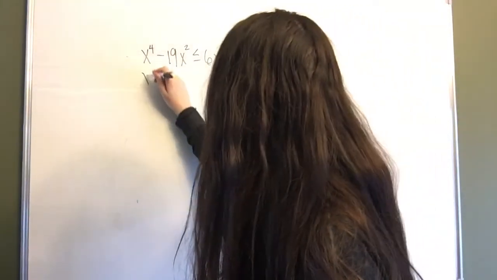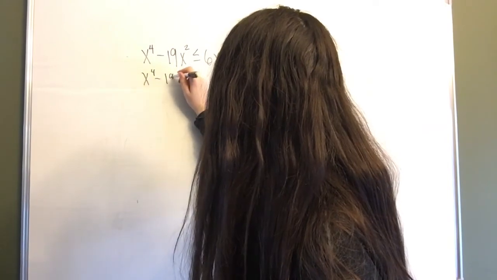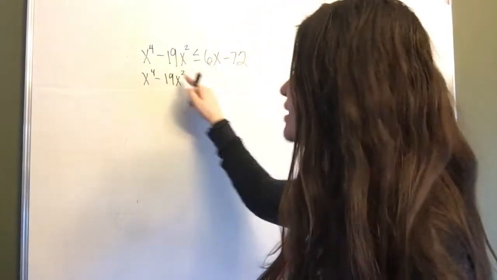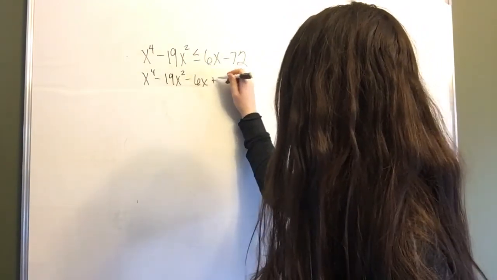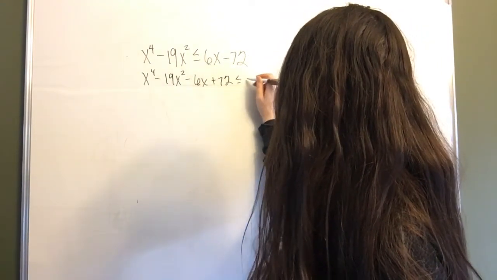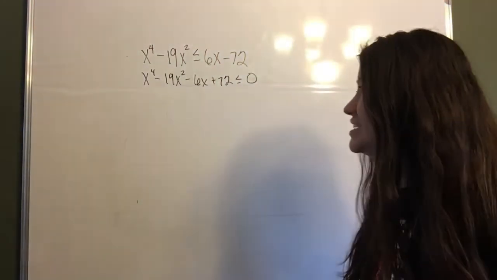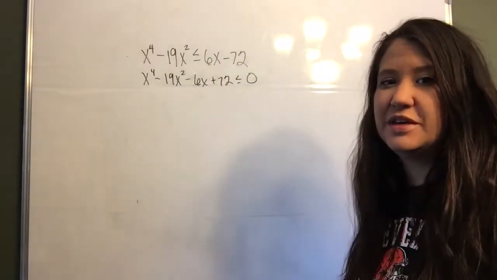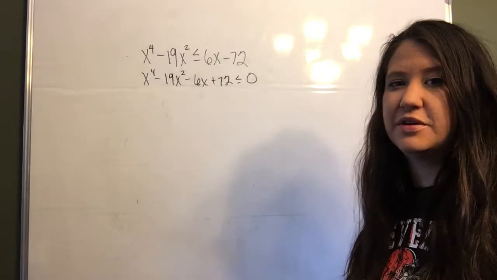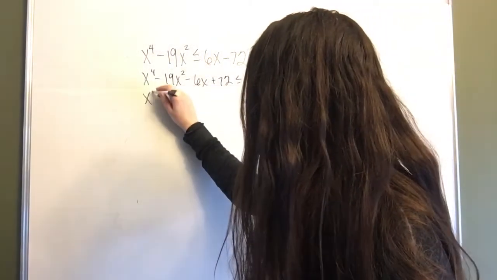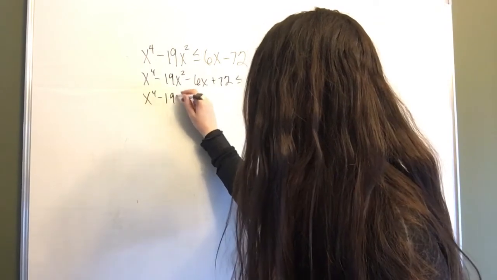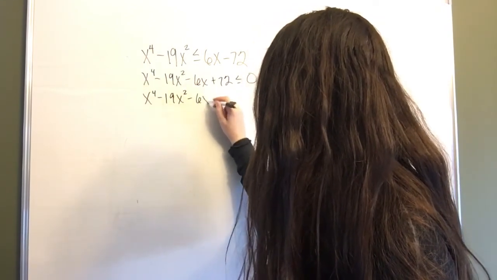In doing that, we would need to subtract the 6x over and add the 72 over. So we end up with x to the 4th minus 19x squared minus 6x plus 72 is less than or equal to 0. All right, next thing, we want to figure out where this polynomial is equal to 0.